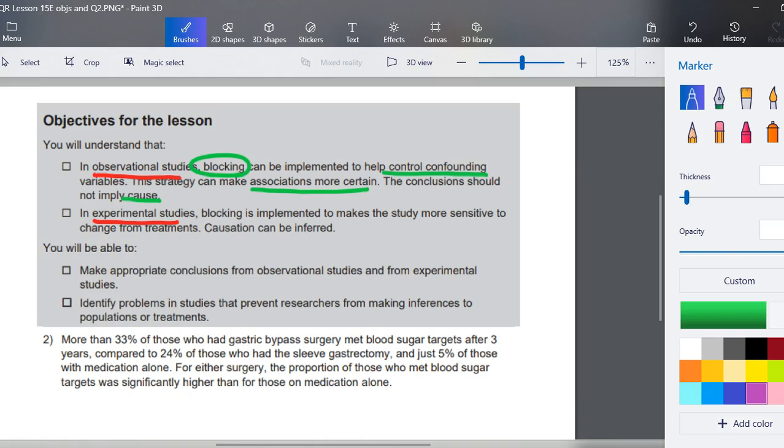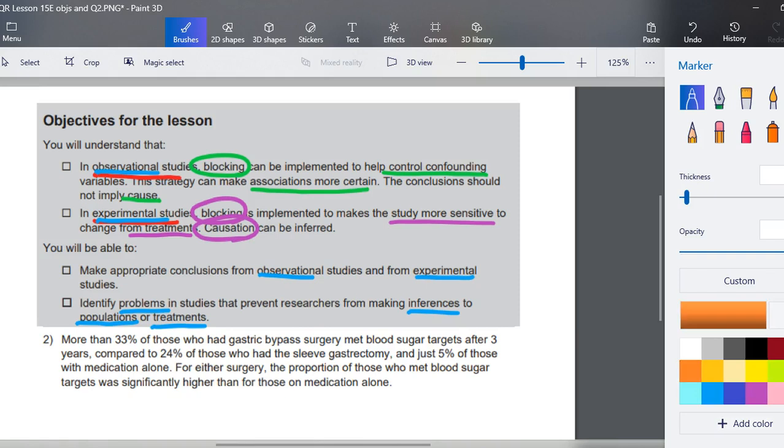In experimental studies, blocking is implemented to make the study more sensitive to change from treatments. And now we get to say causation can be inferred. We'll also be able to make appropriate conclusions from these observational and experimental studies, and we can identify problems in studies. Got to be looking for problems that are going to prevent us from making inferences to either populations when we have an observational or treatments when we have an experimental.